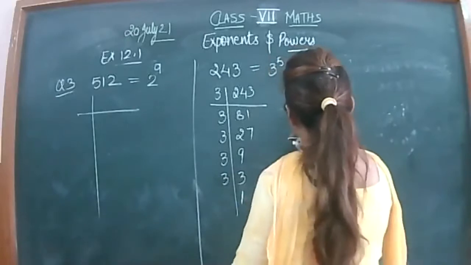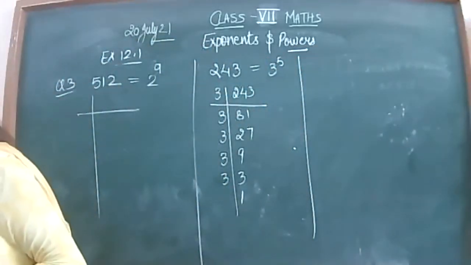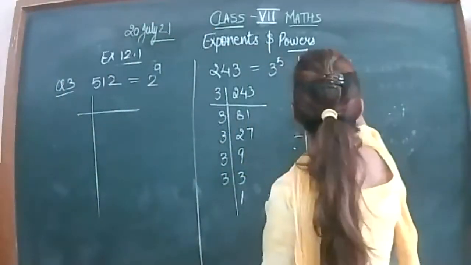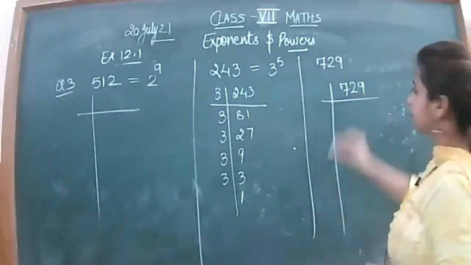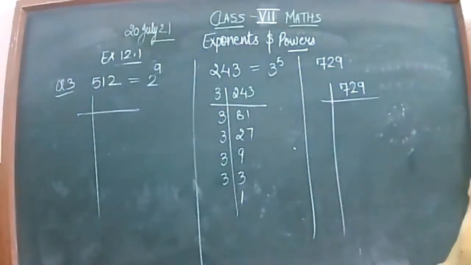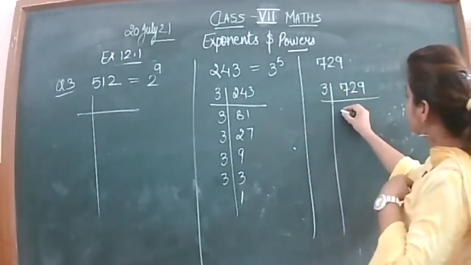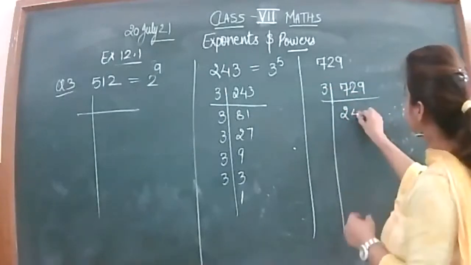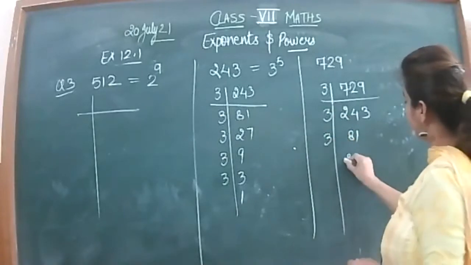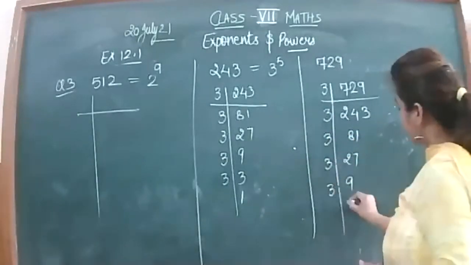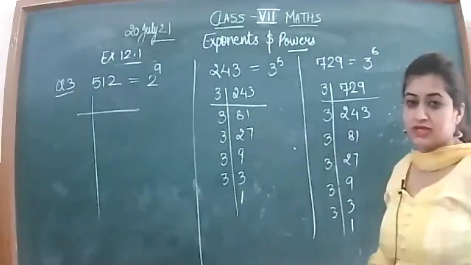Three raised to power 5. Three twos are 6, 3 fours are 12. Rest of the things will be same. So this will be 3 raised to power 6.